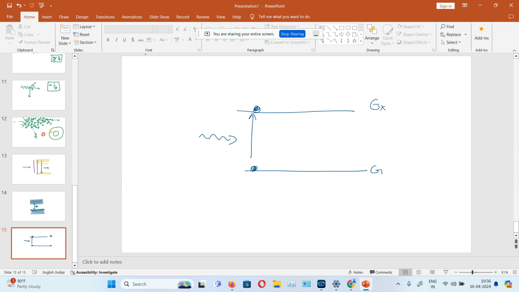Light is getting absorbed, electrons are getting excited from ground state to excited state. This phenomenon is called absorption, and absorption is a non-radiative phenomenon. The light is actually consumed, and it causes an electron to jump from ground state to excited state. This is the normal absorption.